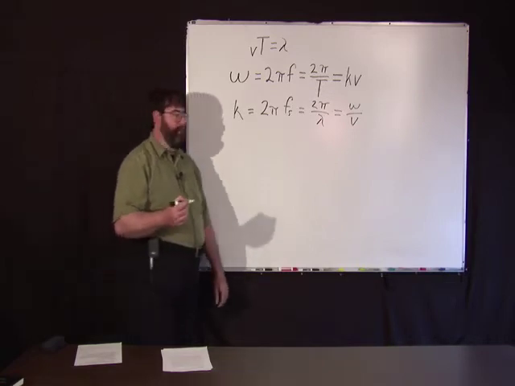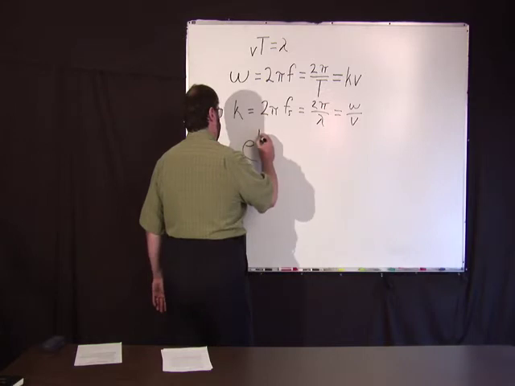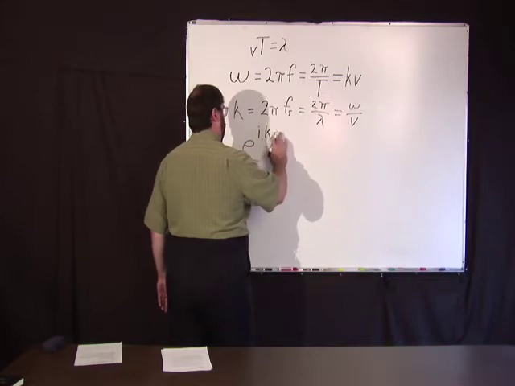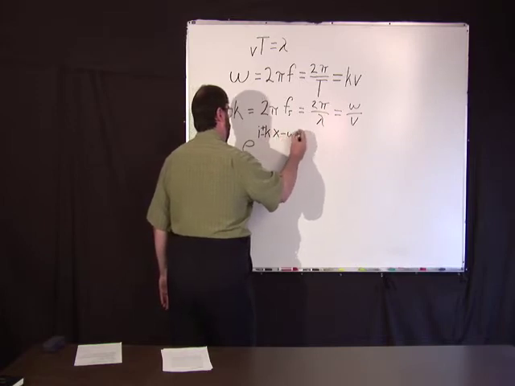And a general sinusoid looks like, in one dimension, e to the i k r, or kx, let's say for one dimension, plus or minus omega t.